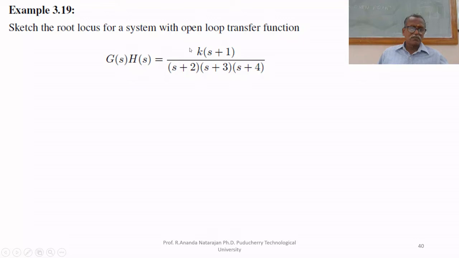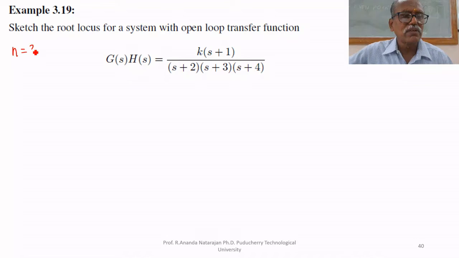So what is the root locus? For that we have to find the roots. N equal to what? N equal to 3. M equal to what? 1. So 3 root locus branches. One will end at 0.